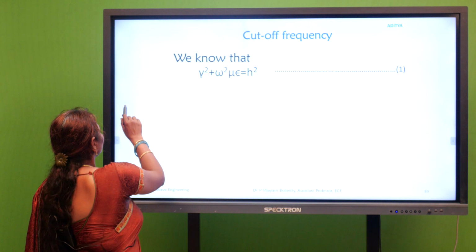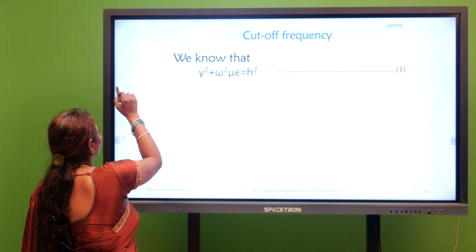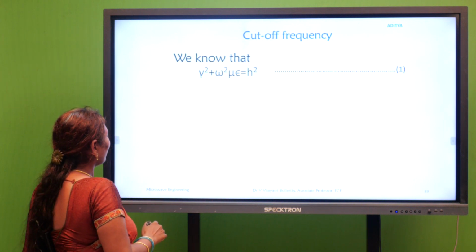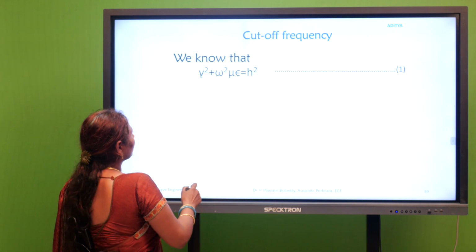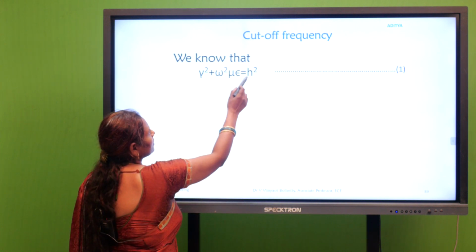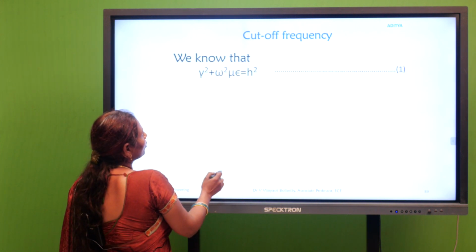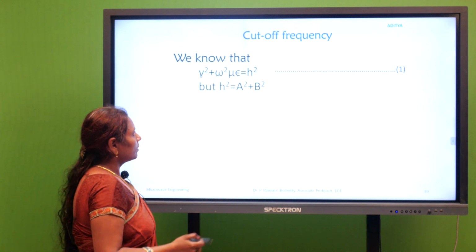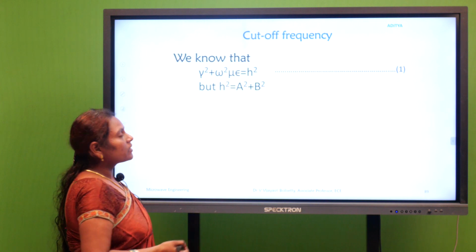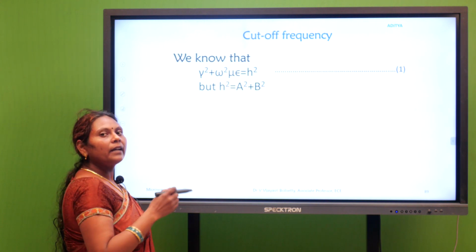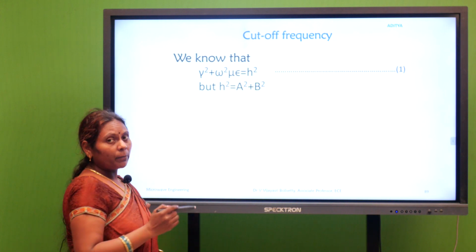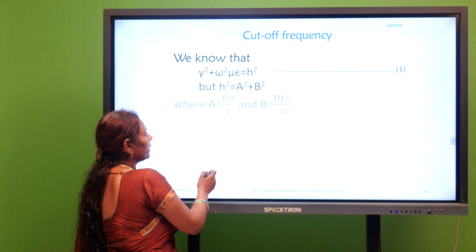Now, this h square is also equal to a square plus b square. So, what is a and b? These arbitrary constants we have derived for the TE and TM wave equations, where a is equal to n pi by b and b is equal to m pi by a.